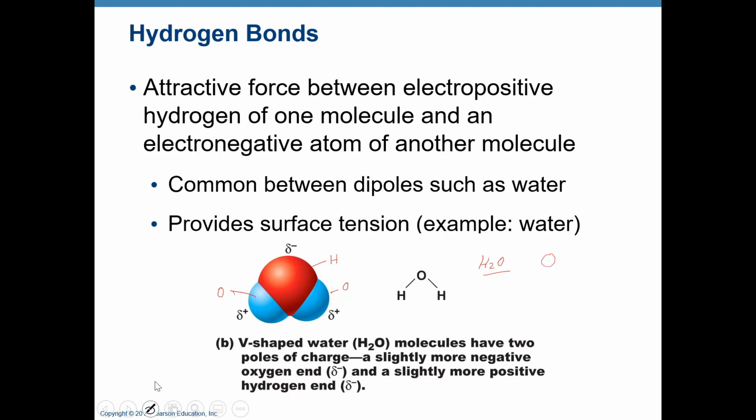This is one water molecule. These two are hydrogen, positive, H, H, and this is O, negative. So this is one water molecule. This is another water molecule here.